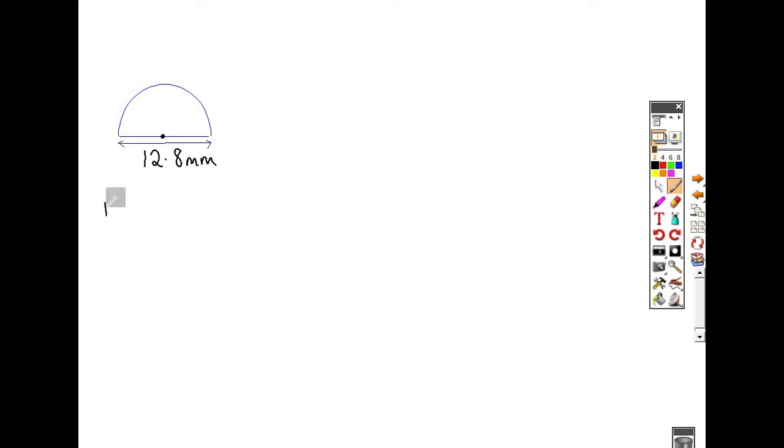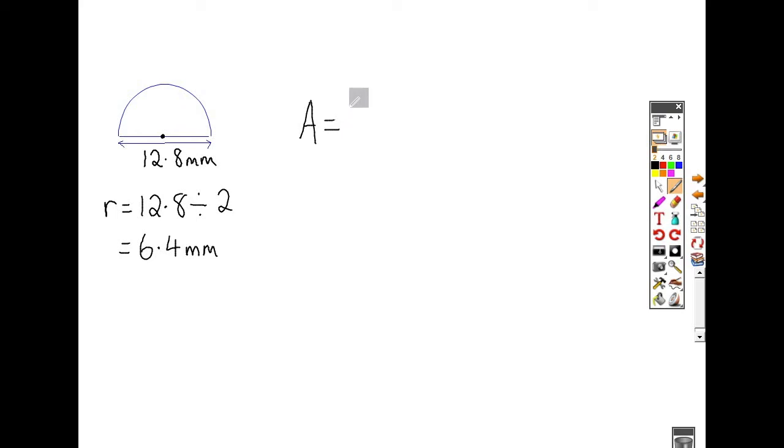So to find the radius, we need to halve the diameter or divide it by 2. So half of 12.8 is going to give you 6.4 millimetres. So the radius of this circle from the centre to the circumference only is 6.4 millimetres, and that is the measurement you need to use in your formula.